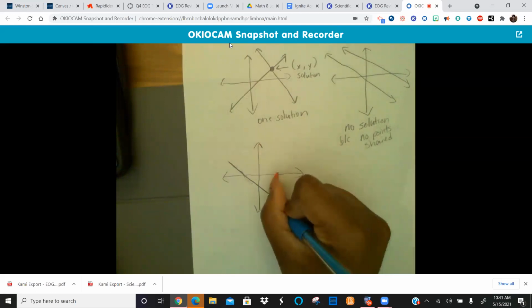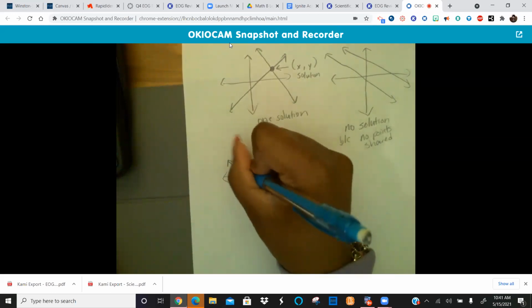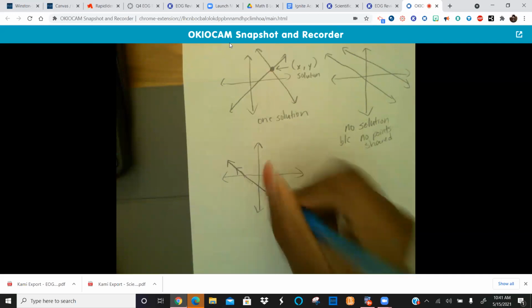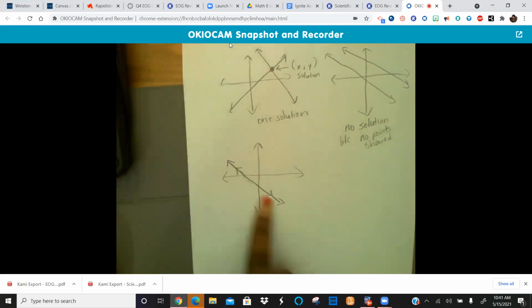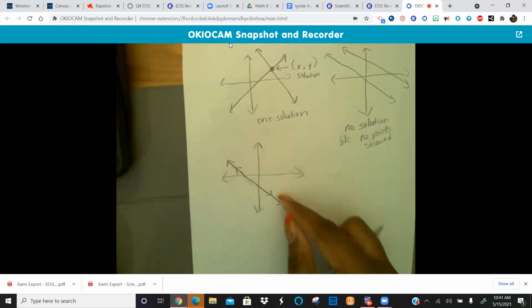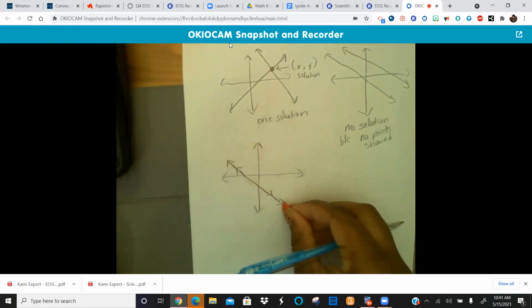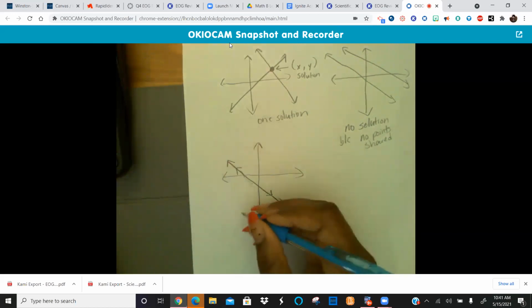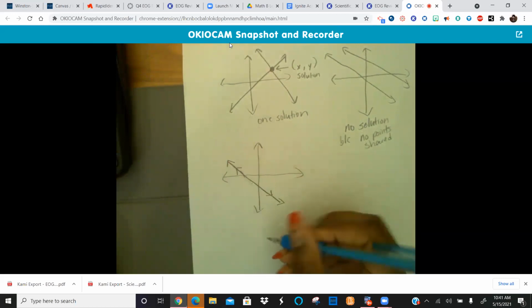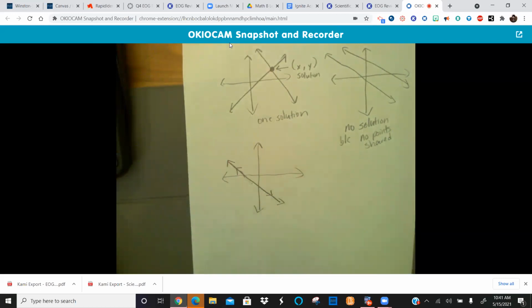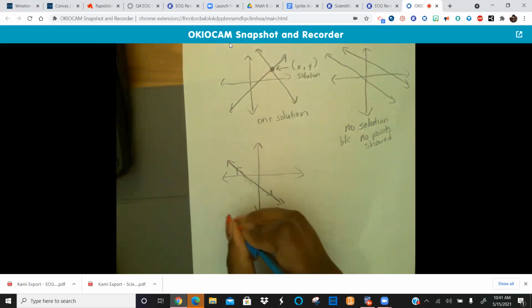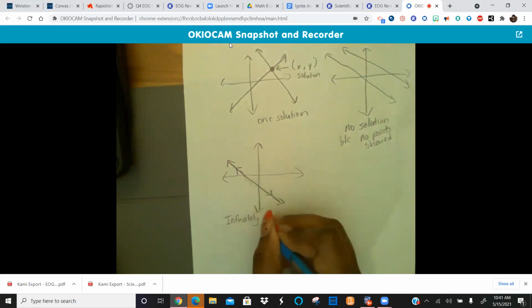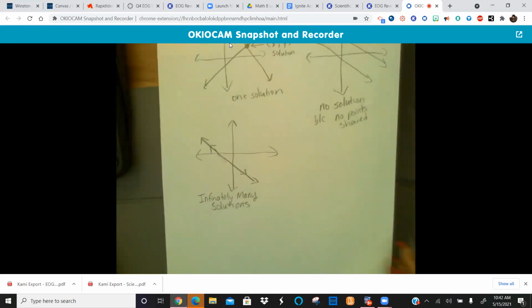If you graph them and they're right on top of each other, then this is infinitely many solutions because they share all of the same points because they graph the exact same line. They're right on top of each other. So this is infinitely many solutions.